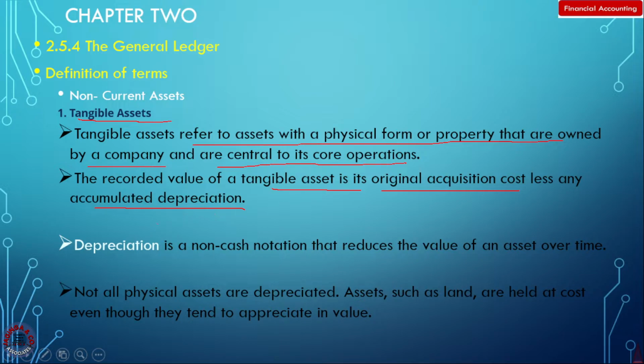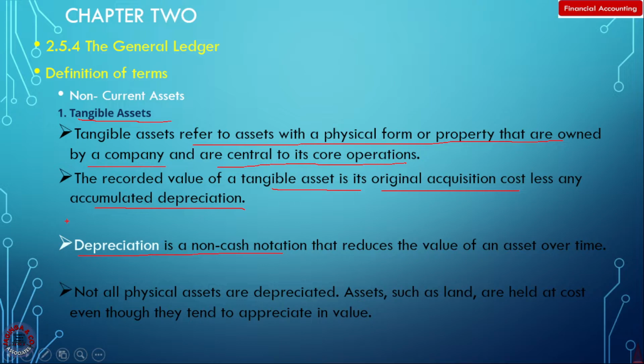So what do we mean by depreciation? Depreciation is a non-cash notation that reduces the value of an asset over time. So when you buy a vehicle today and use it for a period of 4 years, after 4 years you cannot sell the vehicle at the price that you bought it.